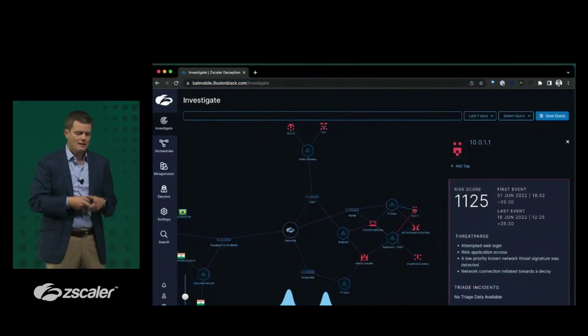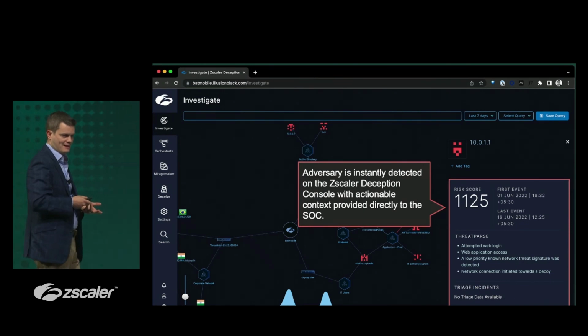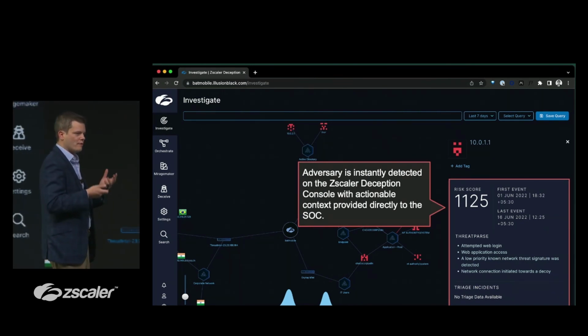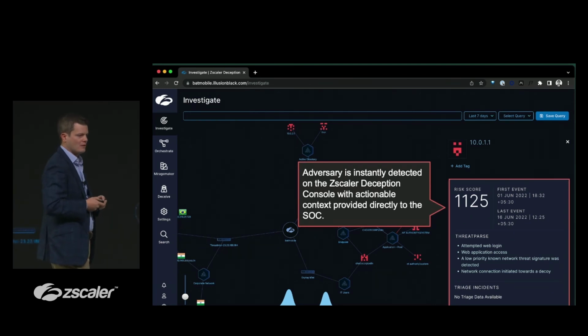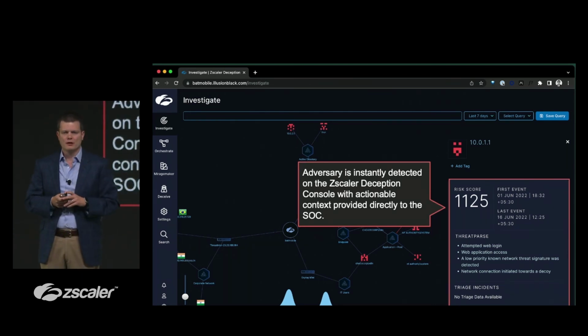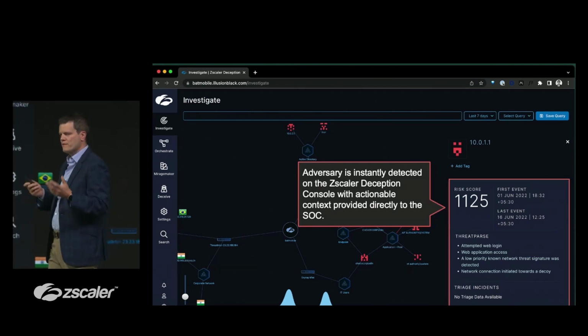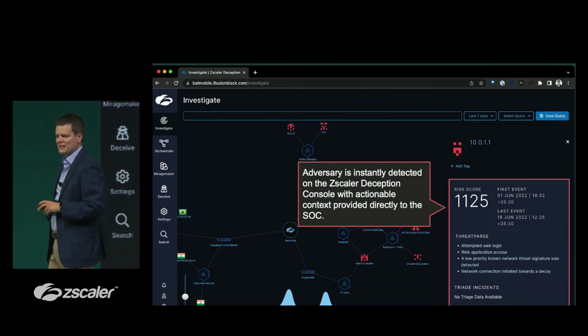Behind the scenes, this is what your SOC team gets to see. They get extremely high fidelity indicators with very detailed granular information. There's an attempted web login. This is not normal user behavior. This is very hard to spot using behavioral indicators.